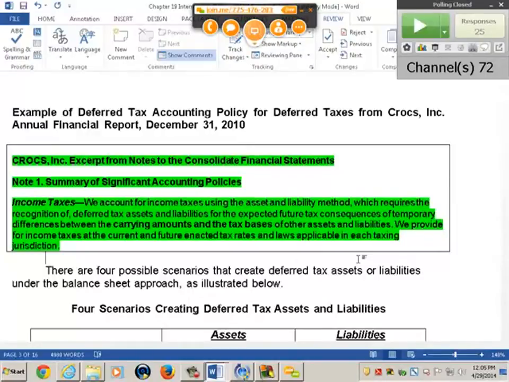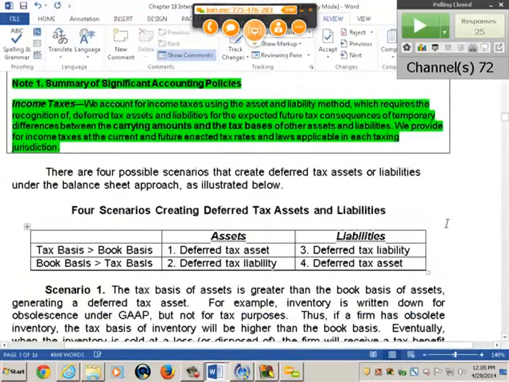Now, once again, a little bit of a memory jogger or rubric. This will also help you with the notion of the basis approach. So again, the one we've just been looking at: if the tax basis is lower than the book basis for plant assets, you've got a deferred liability, right?